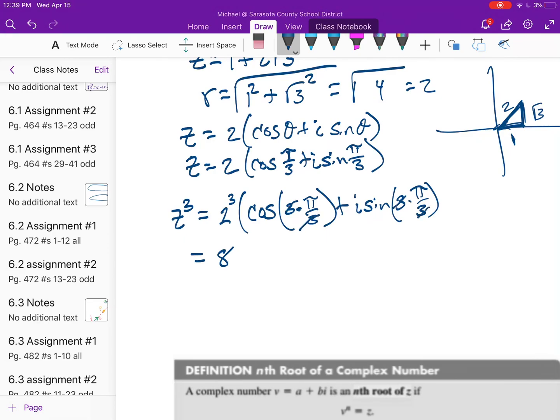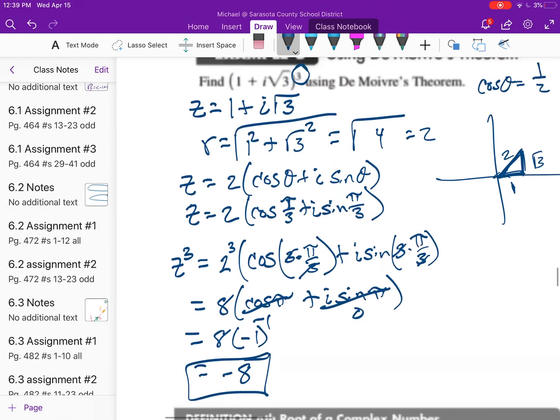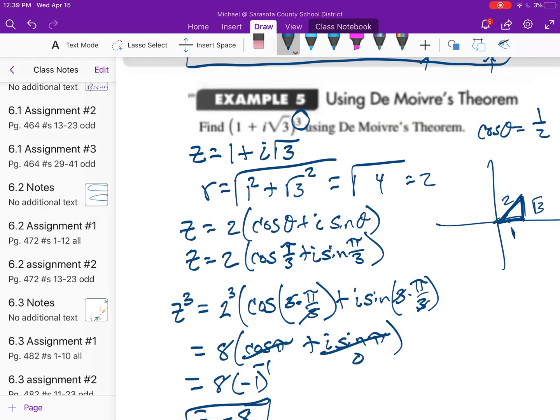The 3's would cancel, and so then we get the cosine of pi plus i times the sine of pi. Well, cosine of pi is just going to be -1, and sine of pi is 0, so the whole imaginary number is going to be gone by the wayside. So we have 8 times -1, which gives me -8. And that would be what z to the third power, or 1 plus i root 3 to the third power, would be using de Moivre's theorem.